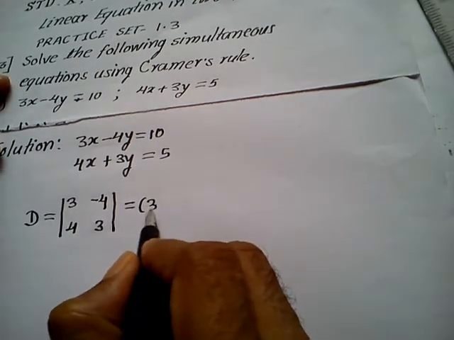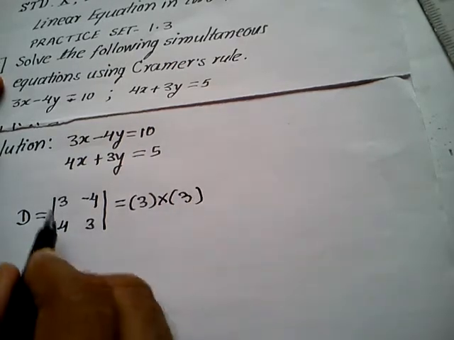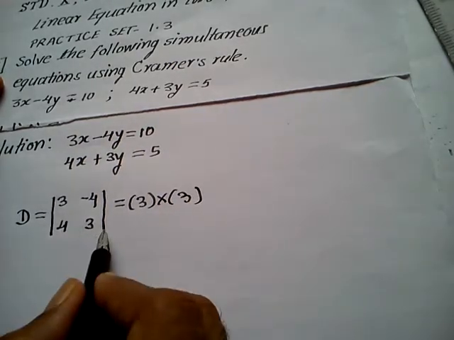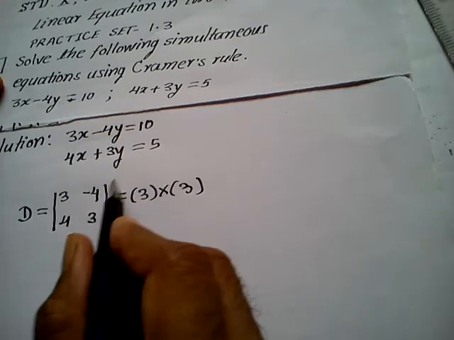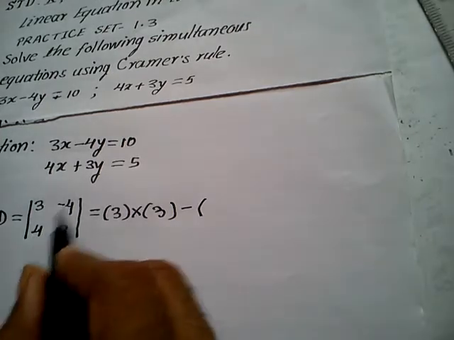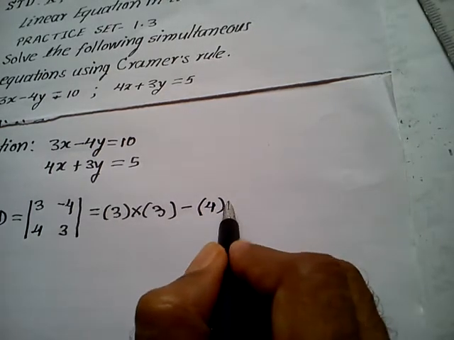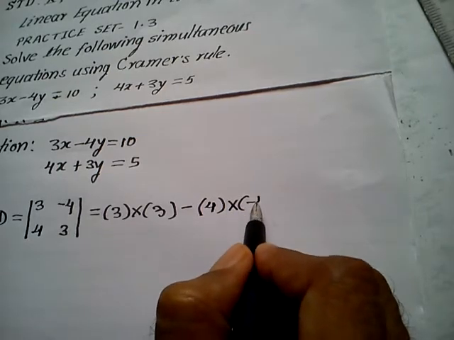Use brackets to avoid mistakes. Then 4 into negative 4.